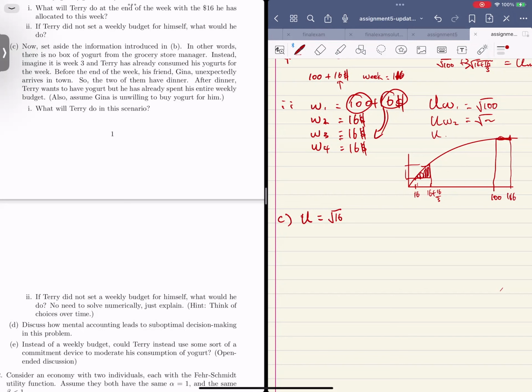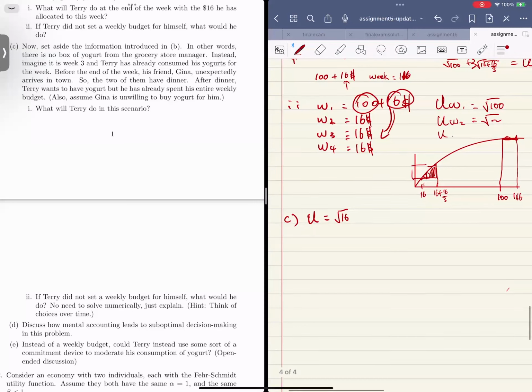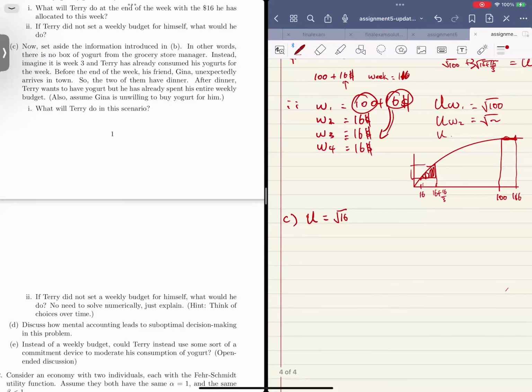Right. So we don't need to solve this numerically. I was trying to give a numerical one, but it doesn't look too pretty. So if you did not set a weekly budget, what would you do? You would definitely borrow a unit from the future to consume now, right?